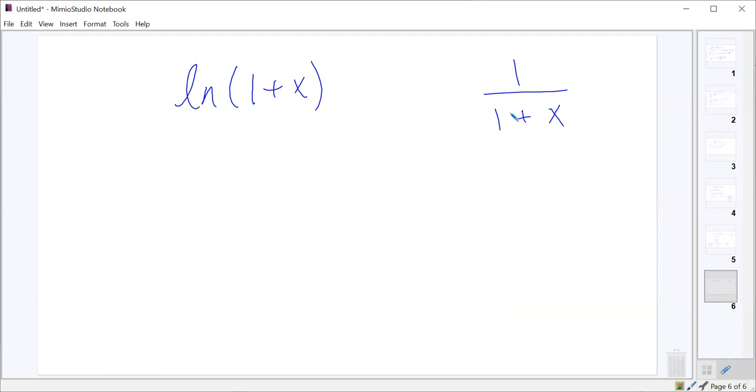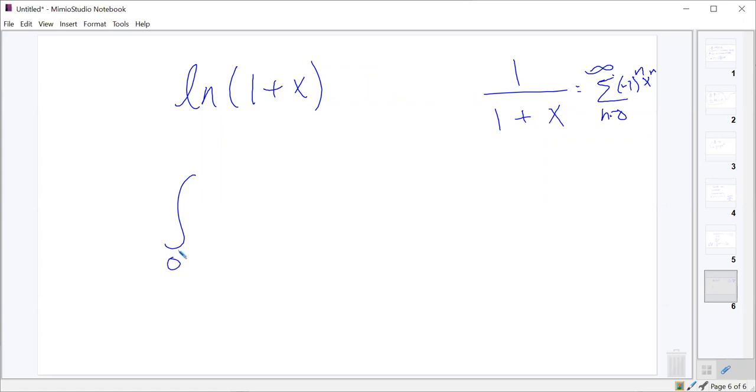So this is equal to the sum from n equals 0 to infinity of negative 1 to the n, x to the n. All we did was replace the minus x with the positive x, so we have to flip the sign. And then we would just integrate this series, and that should give us natural log of 1 plus x.